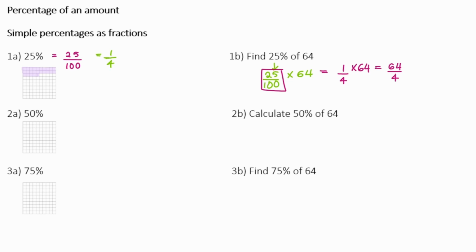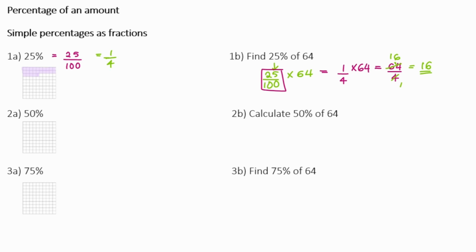If I use my 4 to divide all through, both 64 and 4 appear in the 4 times table. 4 divided by 4 is 1. 6 divided by 4 is 1 with a remainder of 2, so I put my 2 onto the 4. 24 divided by 4 is 6. So that gives 16.